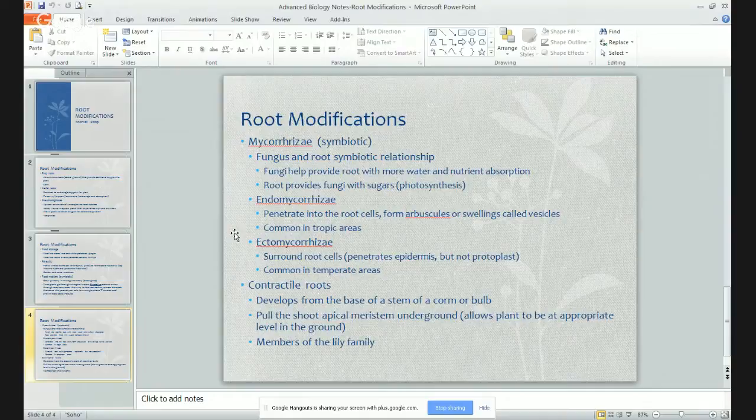The last version, or the last modification that we're going to talk about, are contractile roots. It's your last picture that I've drawn there.